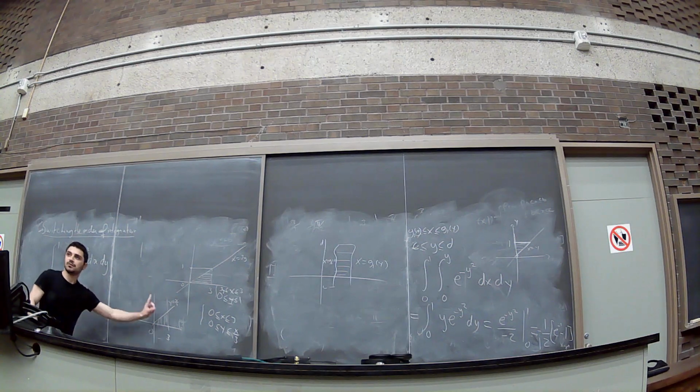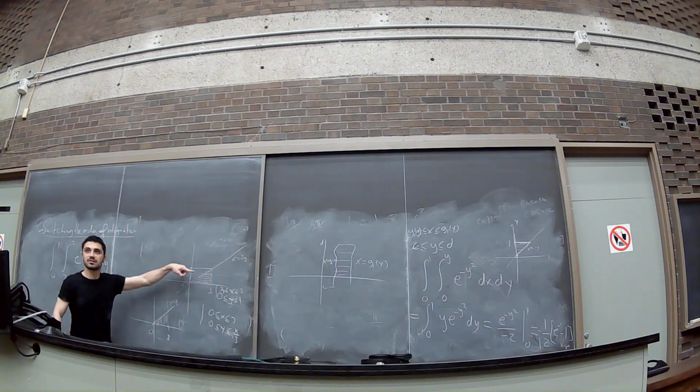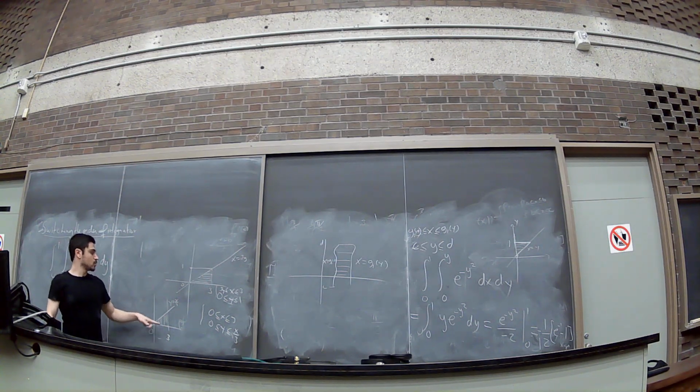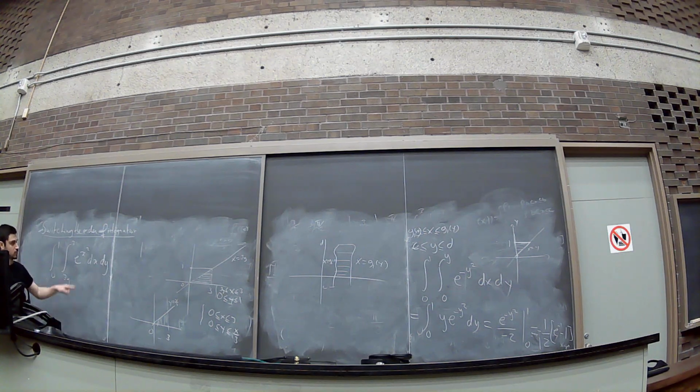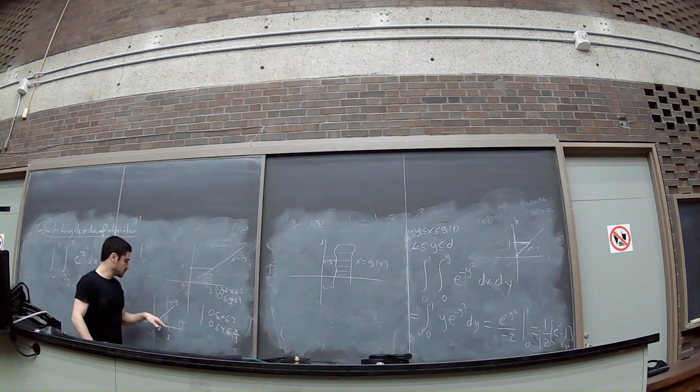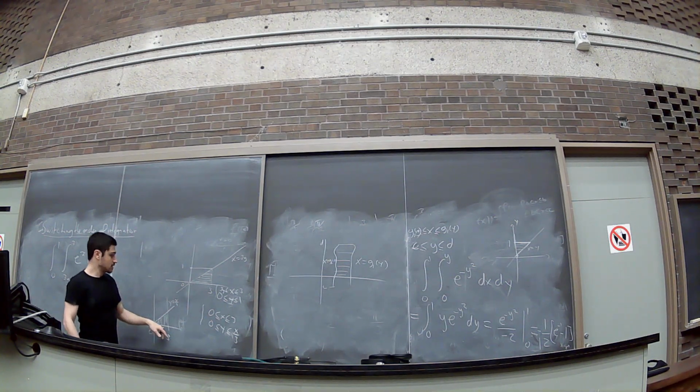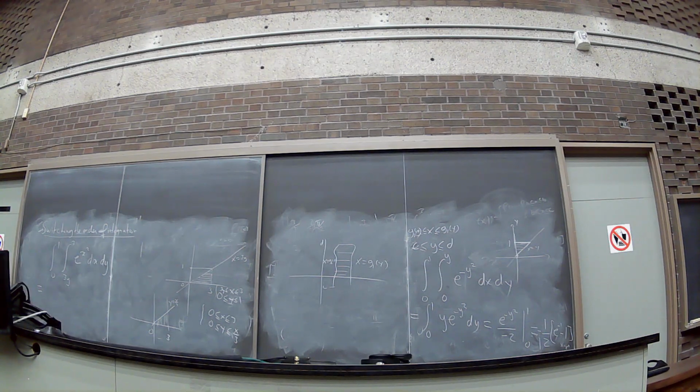Here I'm just describing it vertically, and here I'm describing it horizontally. But it's the same region. You guys see this? So when I integrate this function over this region, would it matter which way I use? It should be the same answer. Great. Do we see this?